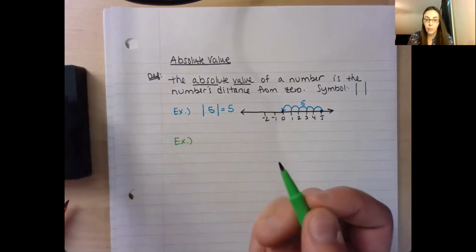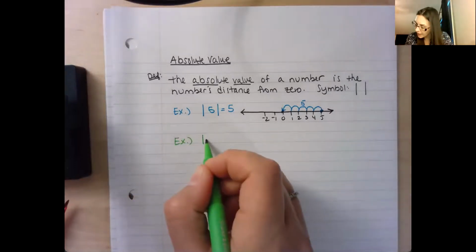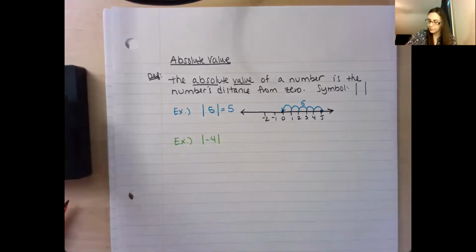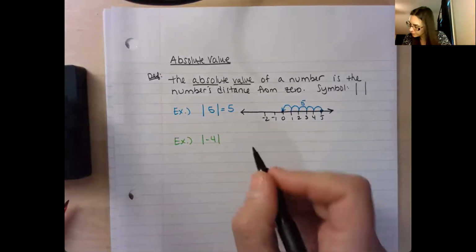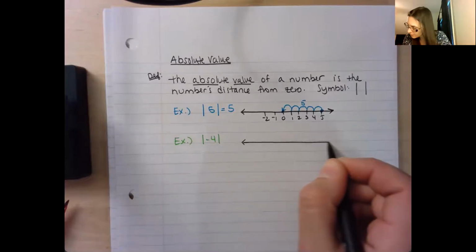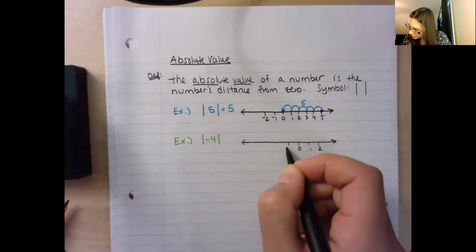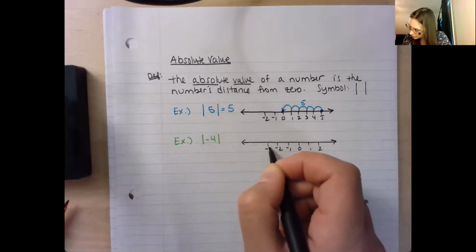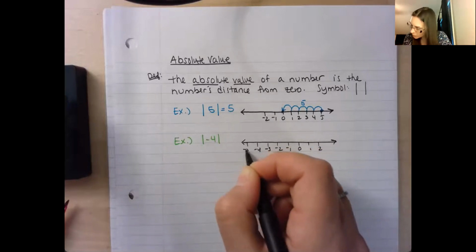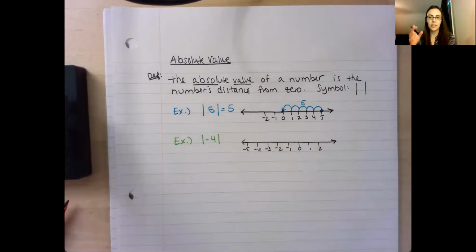All right, let's try another example. Let's do the absolute value of -4. So I'm just making my number line, and again, I'm just adjusting 0 right or left a little bit so I have more room on one end.